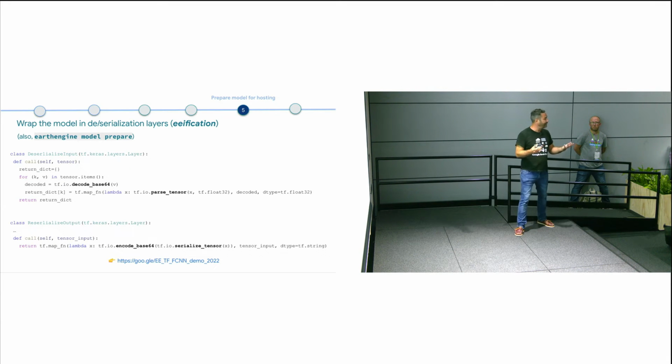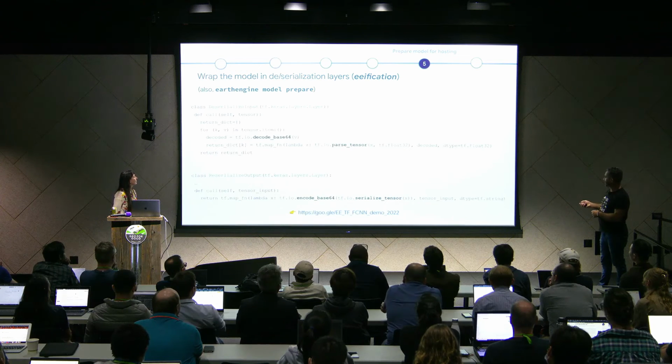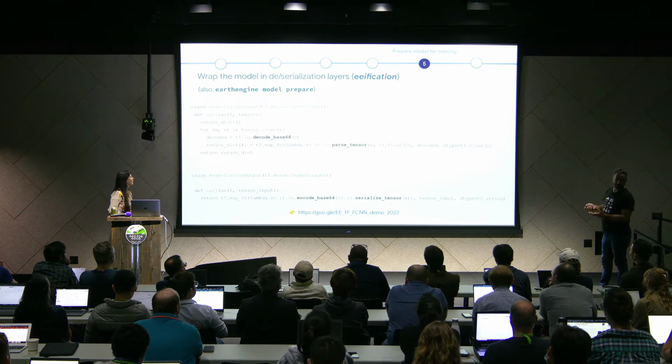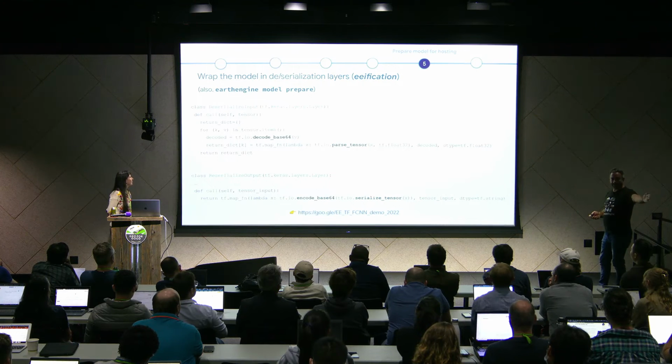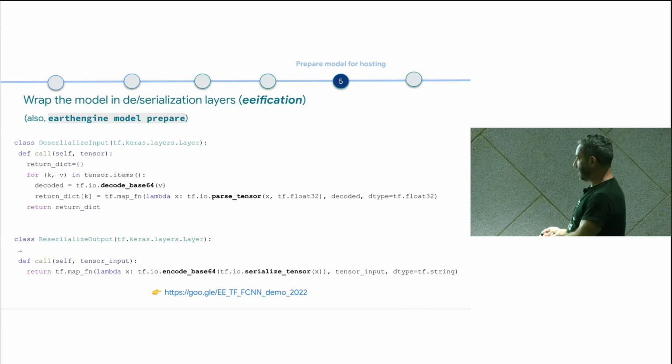So you're defining a new layer. And inside this new layer, when you're deserializing your input, you decode base 64 and parse the tensor out of that using the features that you know are supposed to be in there. And that gets sent to your model. On the way out, you encode it to base 64 and serialize it, and that's it.